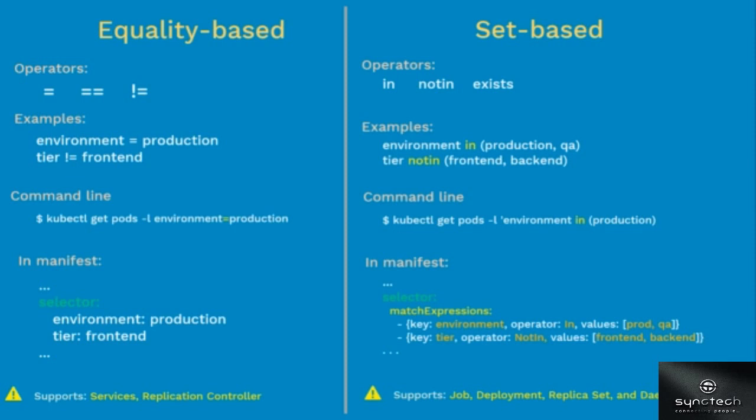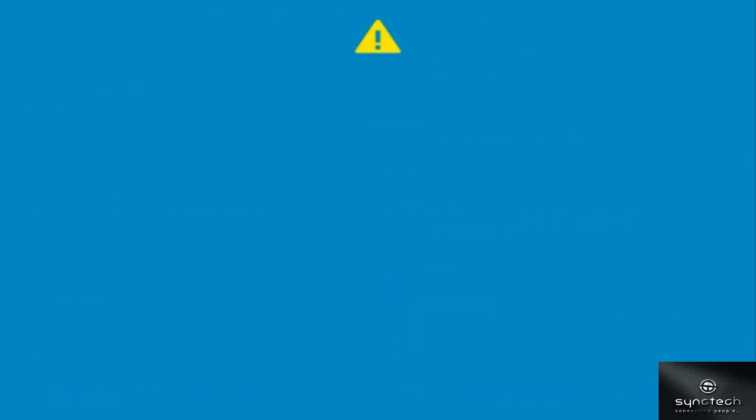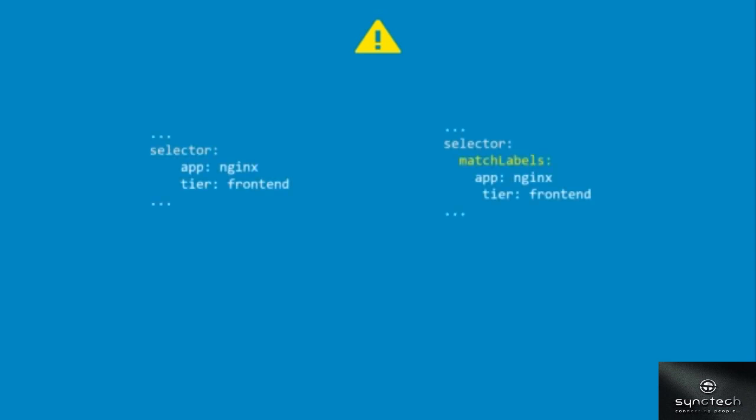In our demo, we will deploy an application with ReplicaSet using both examples. Before we head into the demo, there is something to clarify. In my initial days with Kubernetes, this confused me quite a lot. I used to see spec files with two different types of selectors, one with matchLabels and the other without matchLabels.